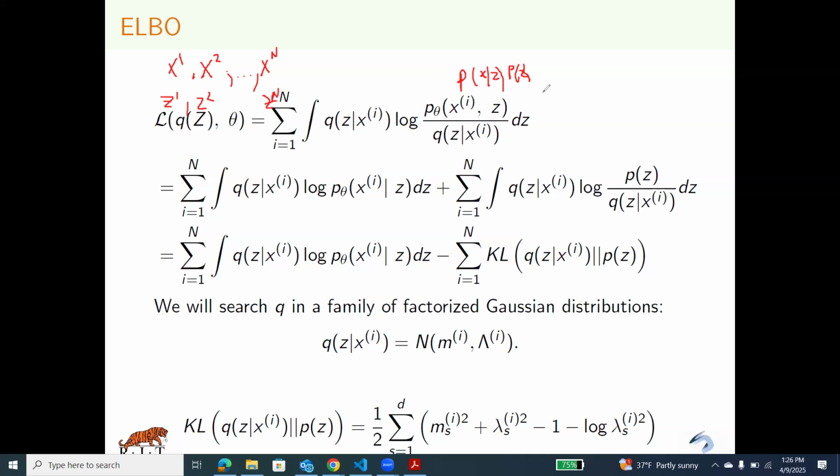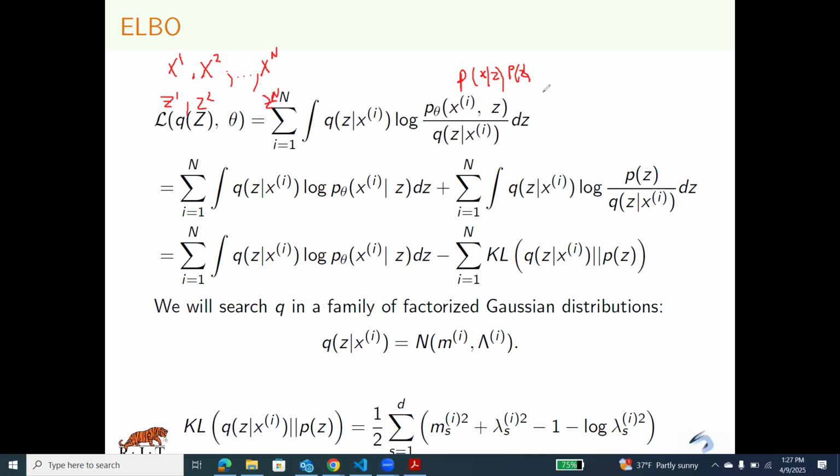So if we take a log of this expression, you will get MSE loss. So this term will be just the MSE loss. That's why it's called reconstruction. The error between x given z and true x.